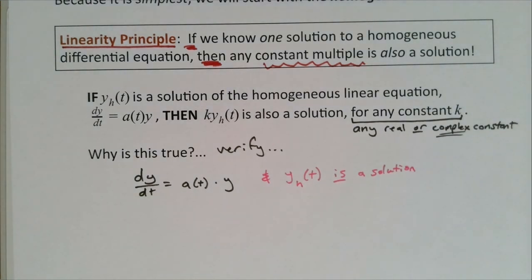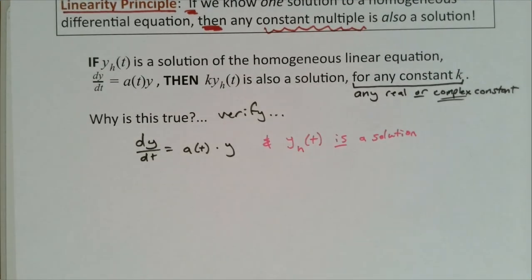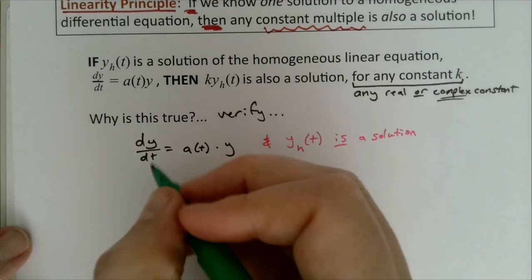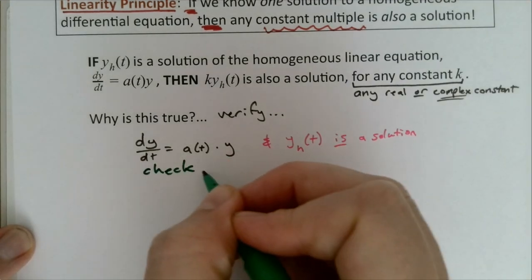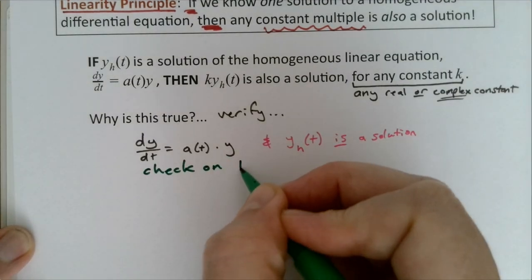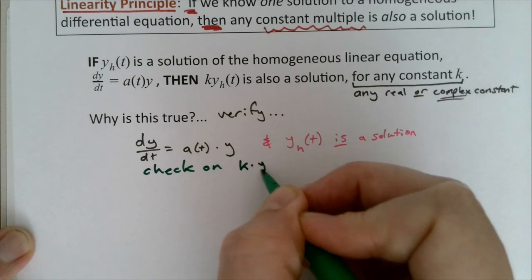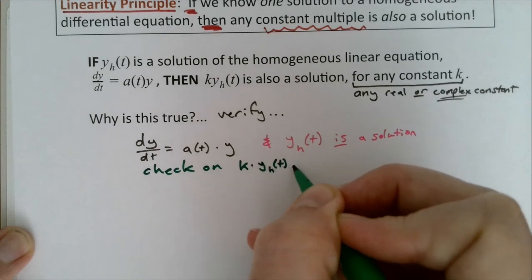It's given. The question is, what happens if I multiply that solution by a constant? So let's check. We're going to check on some constant k times y sub h of t.